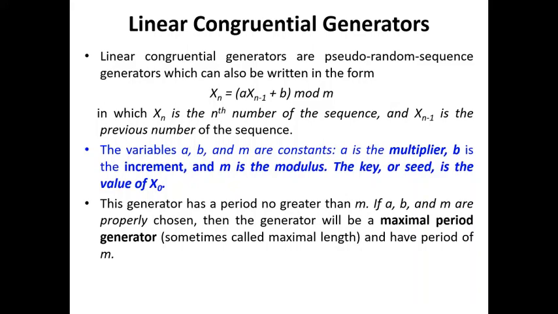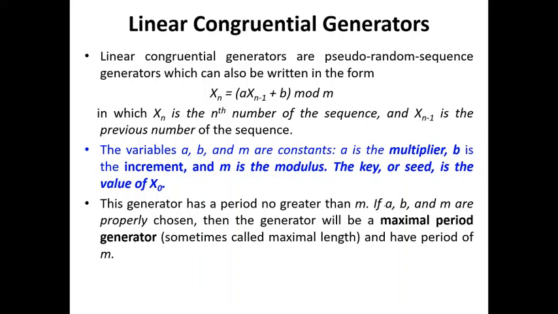Please remember, if I use a modulo m value, I can never have the period of the generator be greater than m. And if we choose the constants a, b and the modulo value m correctly, then we can generate a maximal period generator or a maximal length generator.